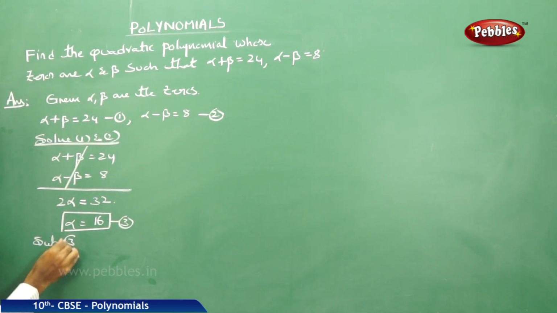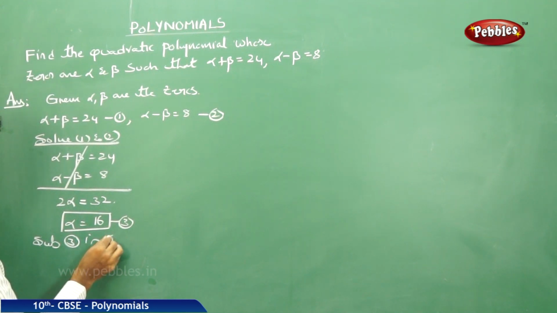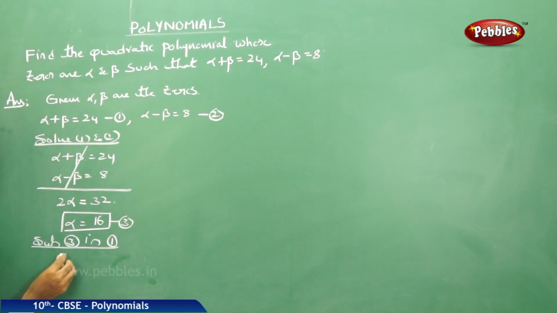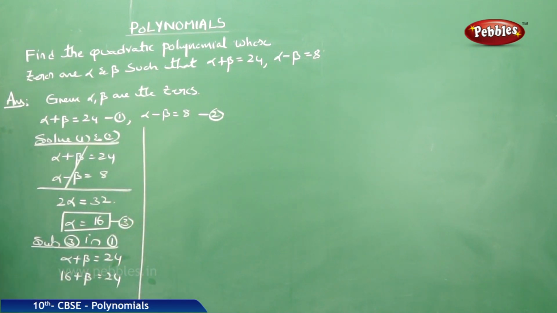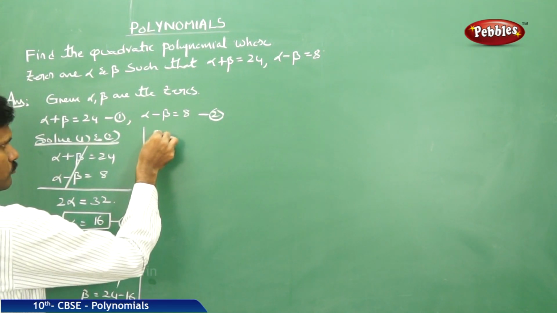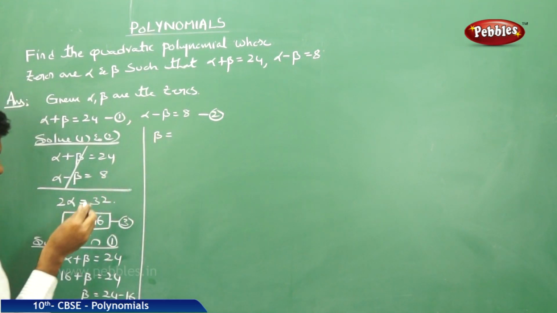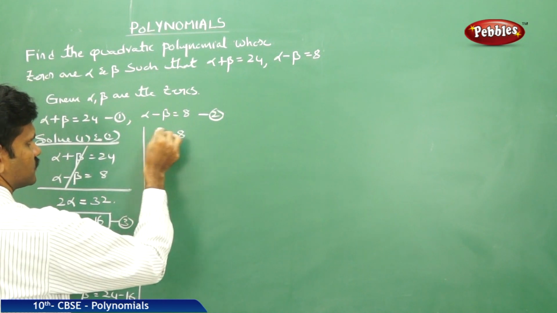Substitute equation 3 in equation 1. That is alpha plus beta is equal to 24, 16 plus beta is equal to 24. Now beta is equal to 24 minus 16. Beta is equal to 8.